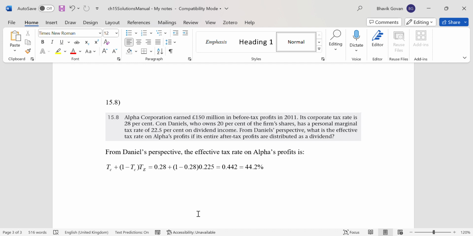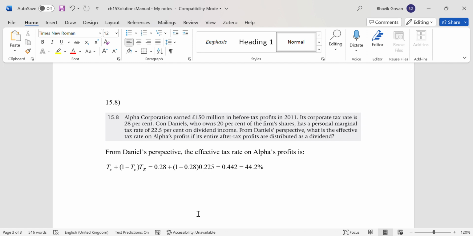So remember, first the company pays tax on its profits, and from what remains, they're going to distribute that as dividends. And then this person, Daniels, from his perspective, he's going to pay tax on what he receives as dividends. So that's what it means by effective tax rate.